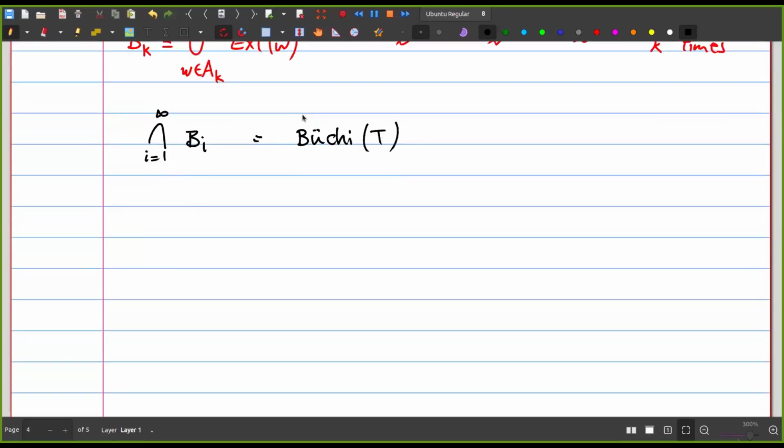With a slight abuse of notation, I write Buki of V when V is a vertex, and what I mean here is Buki of the set containing V. So that's all the infinite walks on my graph that visit the vertex V infinitely many times.